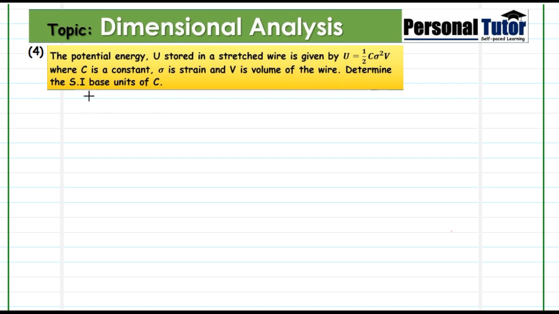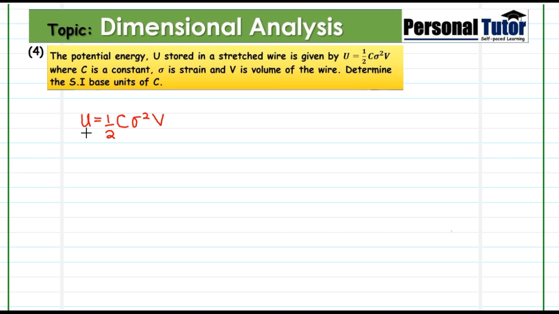Determine the SI base unit of C. Let's code the equation. That is U equals half C then sigma square V.